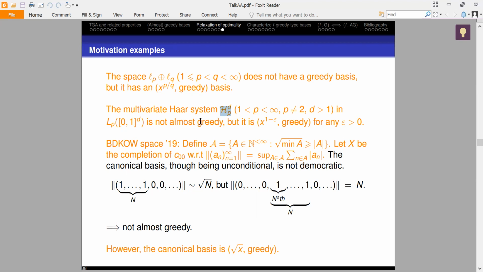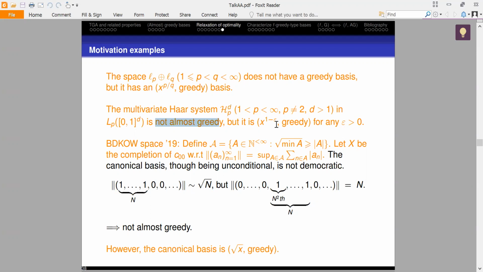But if you have one dimension, let's say d equals 1, then your basis is greedy, meaning that it is unconditional and democratic. But if d is greater than 1, then the story changes by a lot. It is no longer greedy, it is actually not almost greedy. So doing the tensor product might bring us to some unexpected result.